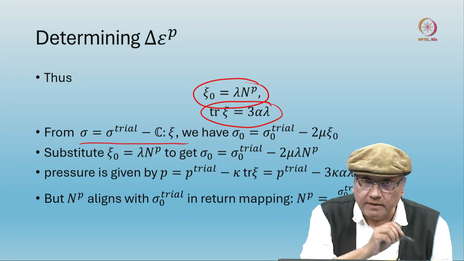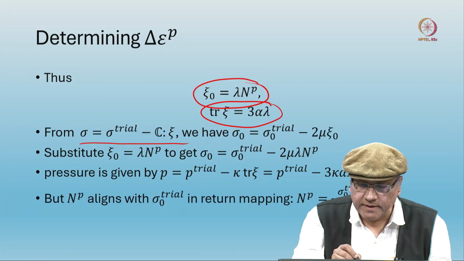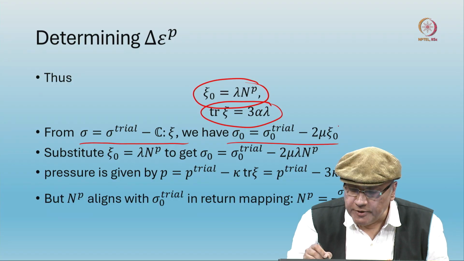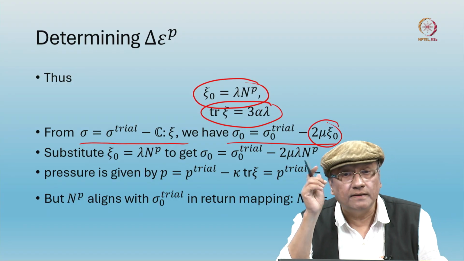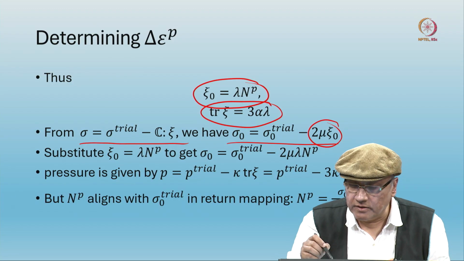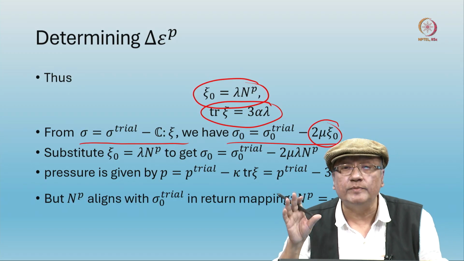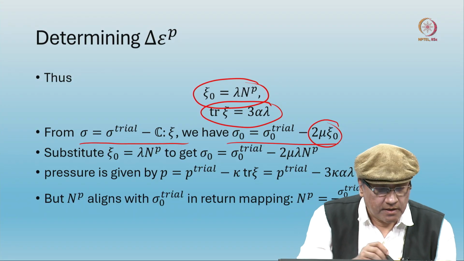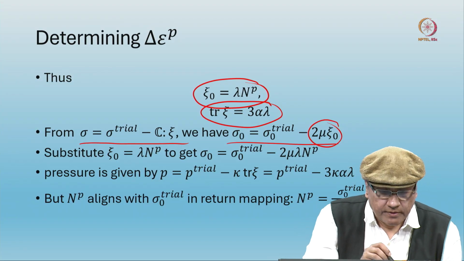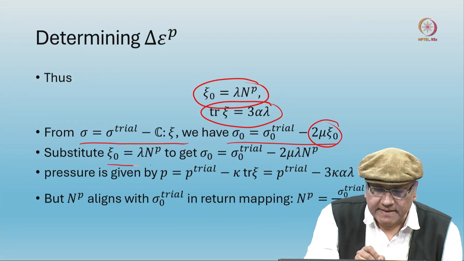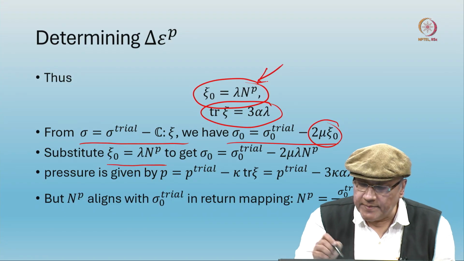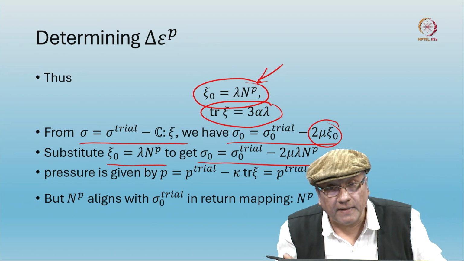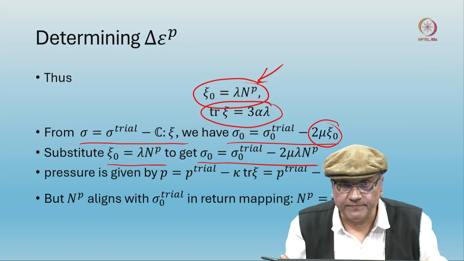So, take the deviatoric part of the whole equality and you get sigma 0 equal to sigma 0 trial minus only the mu part of the C inner product xi, because the other part corresponds to the volumetric change, which does not come in the deviatoric part. So, now we can substitute xi 0 from lambda Np to get sigma 0 equal to sigma 0 trial minus 2 mu lambda Np.